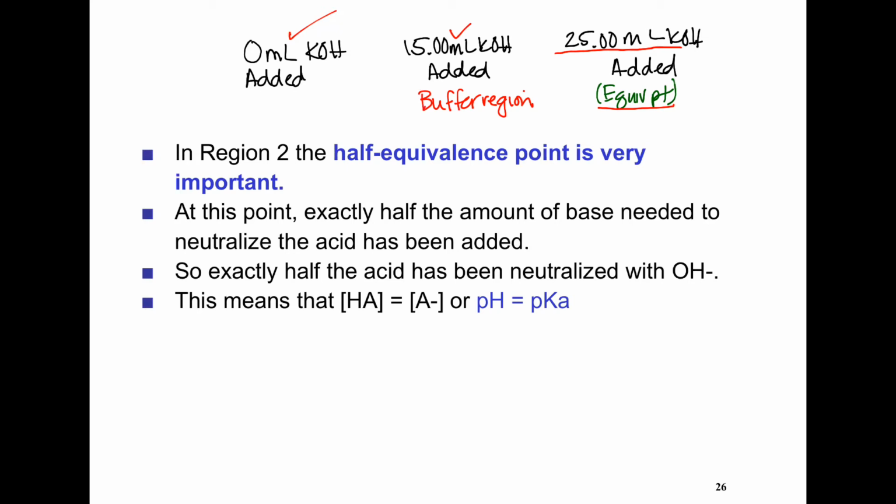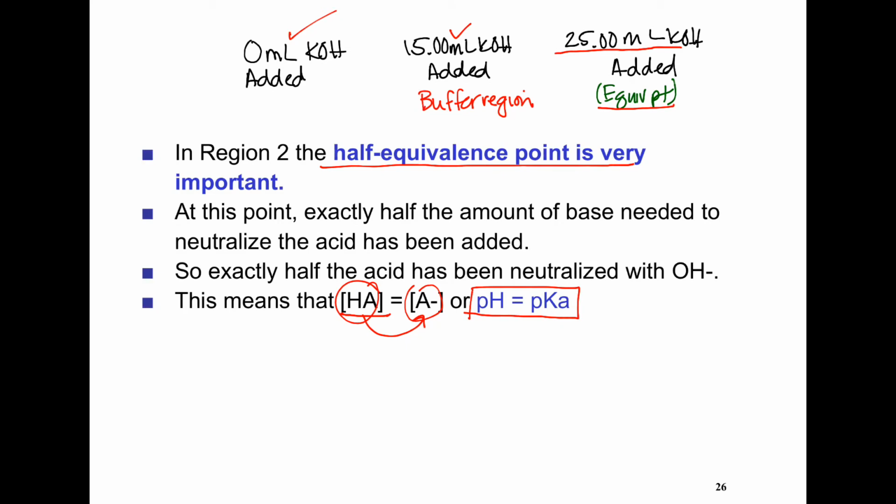That special place in the buffer region is at the half equivalence point. At the half equivalence point, the amount of acid left over is half, and so half of it has made the weak conjugate base, and the weak acid and its conjugate base are in a 1-to-1 ratio with each other, which for the Henderson-Hasselbalch equation means that the concentrations are equal and the pH is going to equal the pKa.